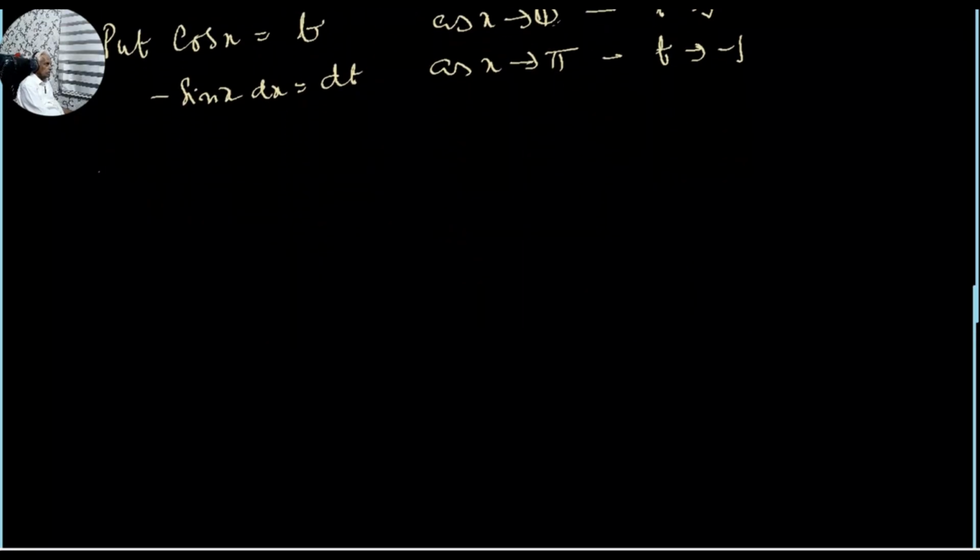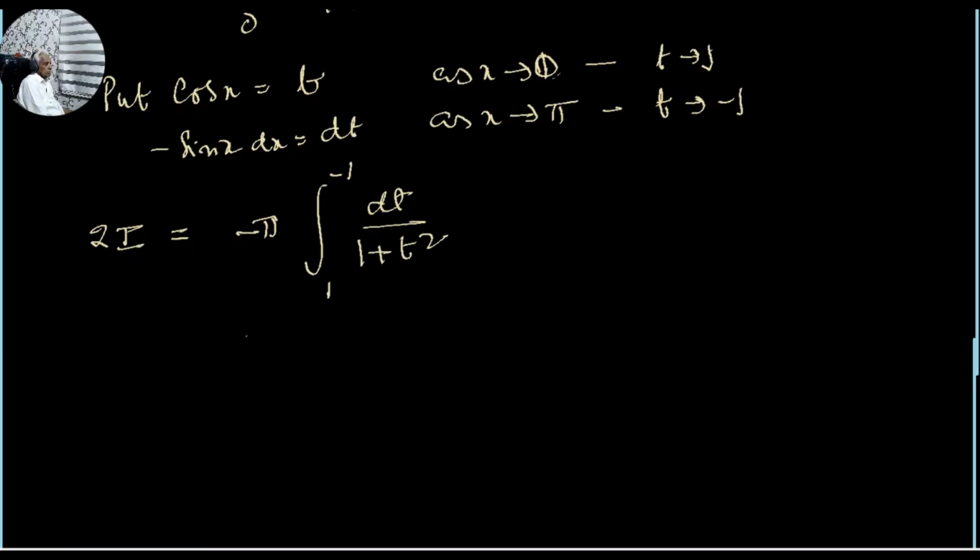So 2I becomes minus pi, integral from 1 to minus 1 of dt by 1 plus t square. Here you see negative pi. That can be avoided by changing the limits upside down: pi, and minus 1 to 1 of dt by 1 plus t square.